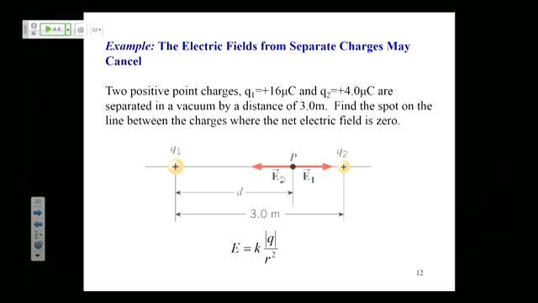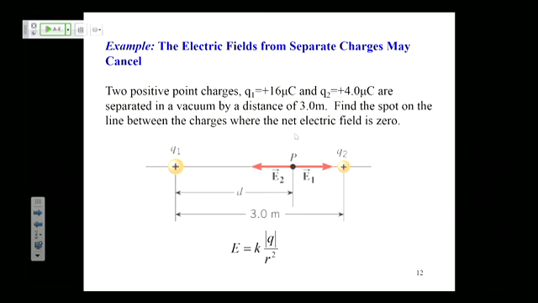We don't know the location of this point. However, we know that this point should be located on the line connecting the two charges. Why? Because from vector algebra, as we see in this illustrative figure, if the two vectors are anti-parallel to each other, then yes, they may cancel each other.